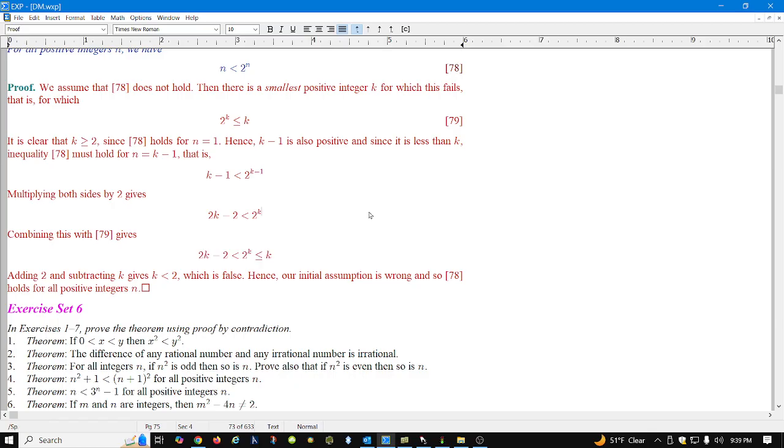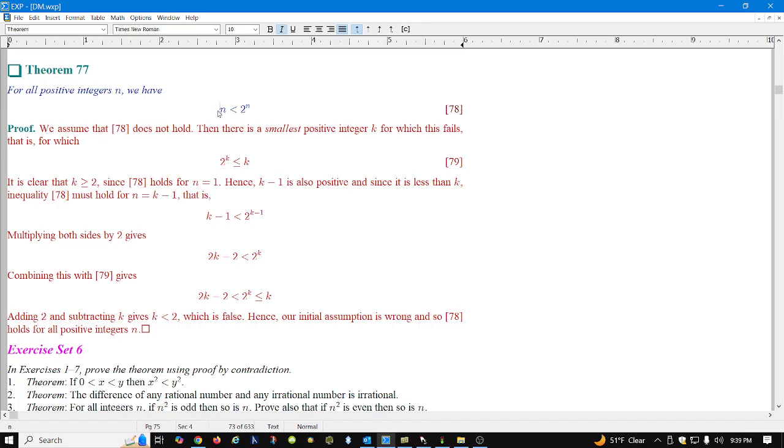Add 2 to both sides, subtract k, we get k less than 2, which is false. So our initial assumption is wrong, and this inequality holds for all positive integers n. So that is a proof by contradiction.